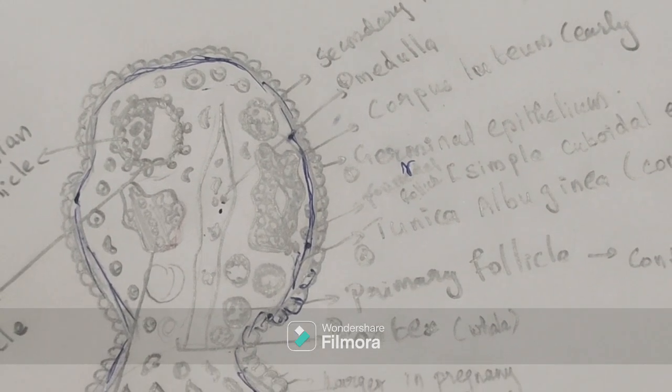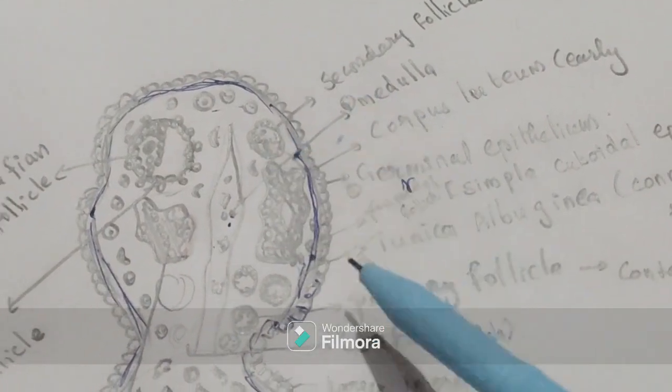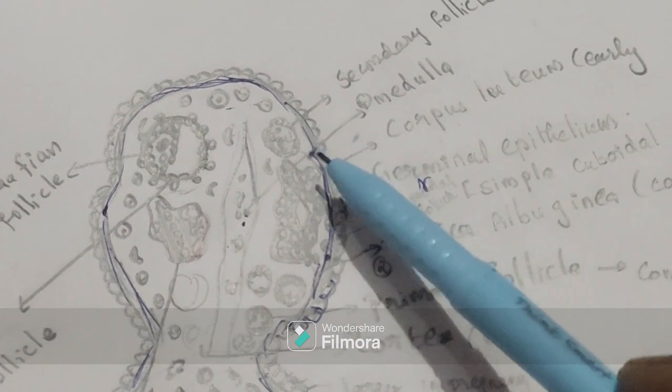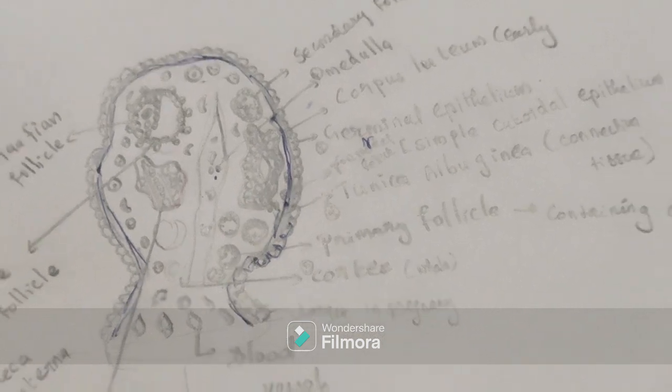Then secondary follicles form. These secondary follicles are formed only from the primary follicles, and they are also present.